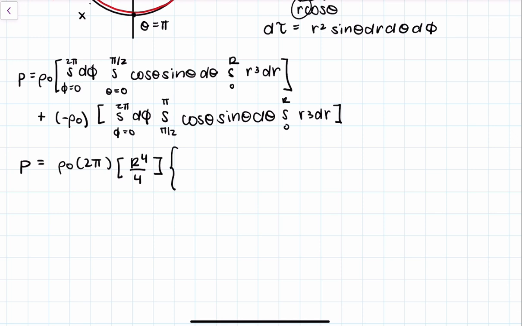We can have u as sine of theta, and then du would just be equal to cosine theta d theta. For the positive hemisphere, the bounds go from sine of 0, which is 0, to sine of pi over 2, which is just 1.